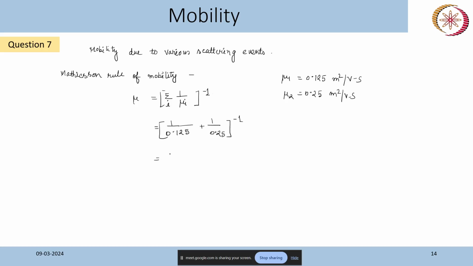So the answer here after calculation is 0.083 meter square per volt second. So do we have the answer?